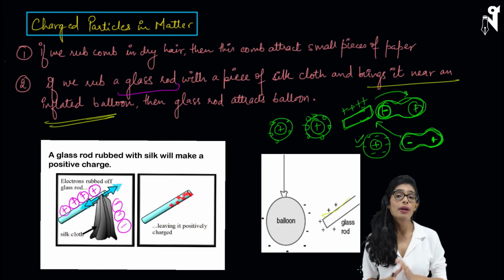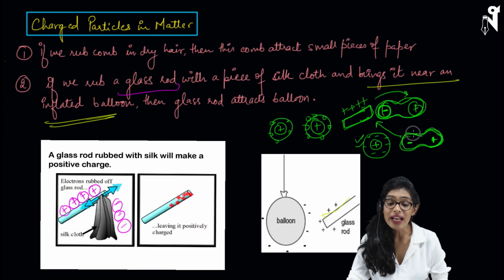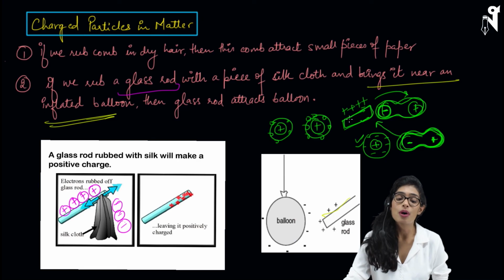That is why there will be no repulsion but attraction between the negative end generated in the balloon's atoms and molecules, and the positive charge of the glass rod.